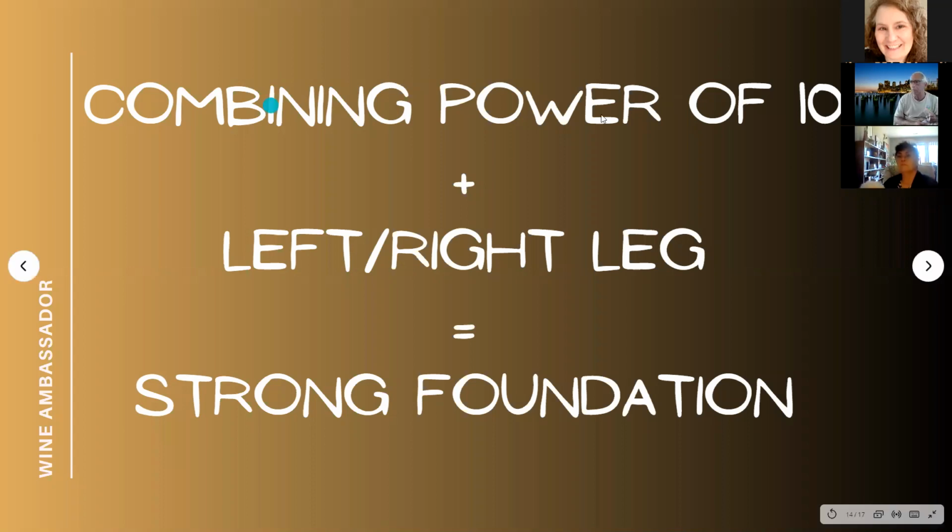But when we add the combined power of 10 with our right and left leg, we're building that strong foundation yet again. Okay? When you build a strong foundation, that means you're setting yourself up for long-term residual income.